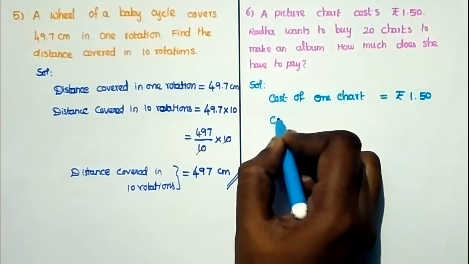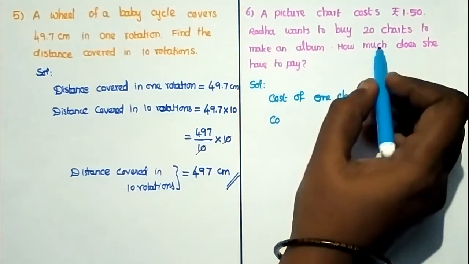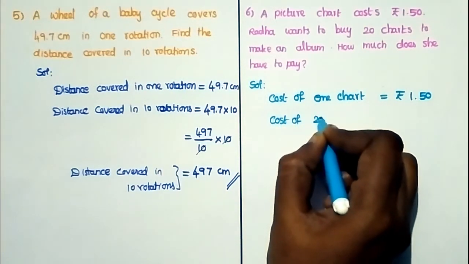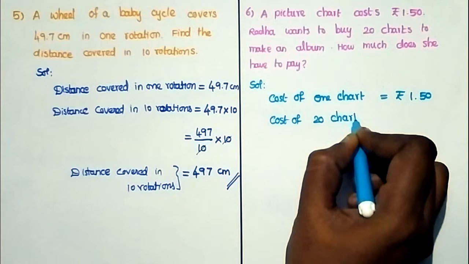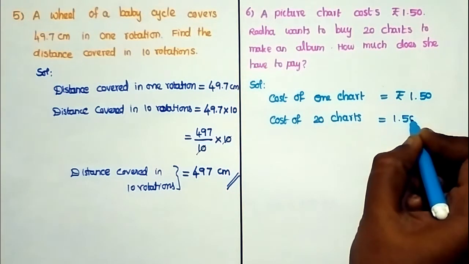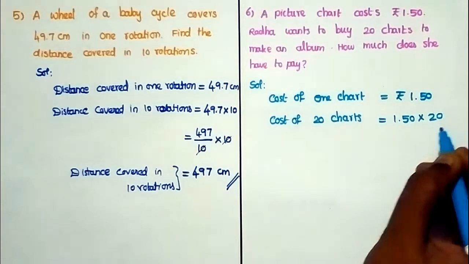So, Radha wants to buy how many charts? 20 charts. So, cost of 20 charts equal to 1.50 into 20.